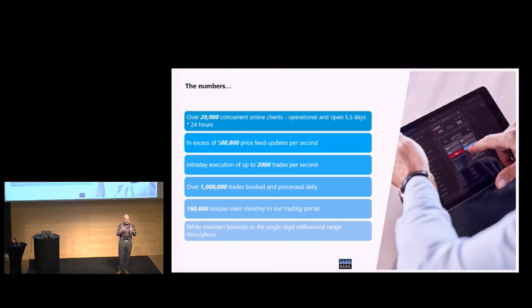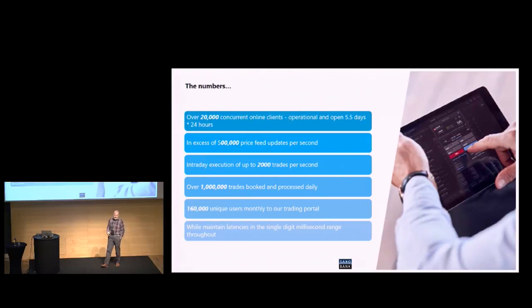So this is actually real trades, but a trade generates a lot more messages in the system, roughly 3 to 5 messages per trade, just for that trade to come into life, so to say.